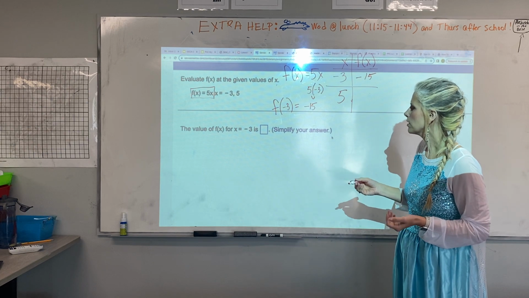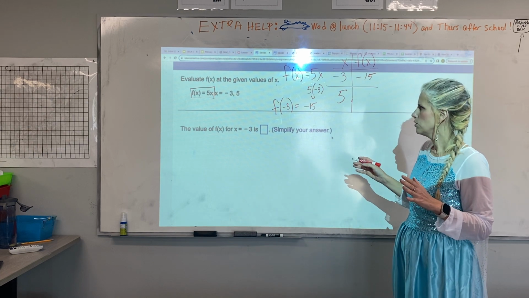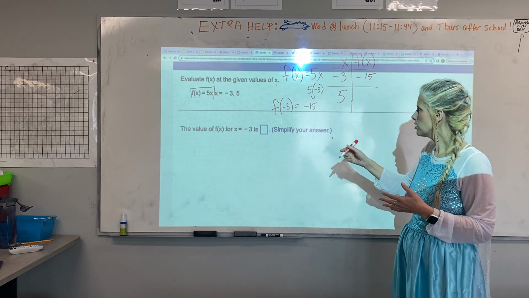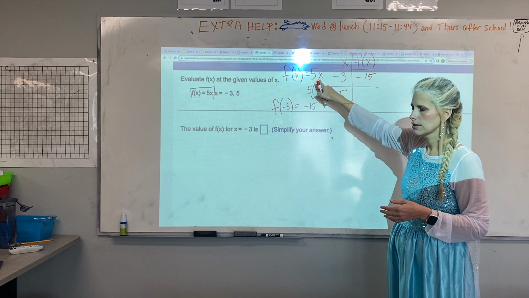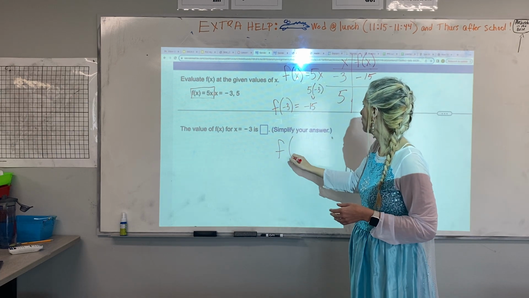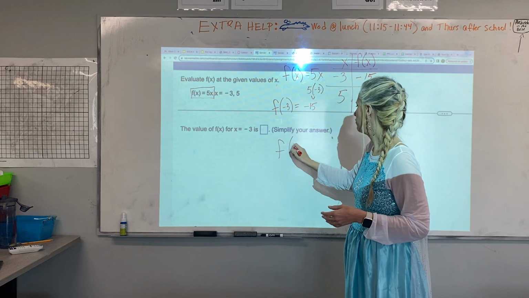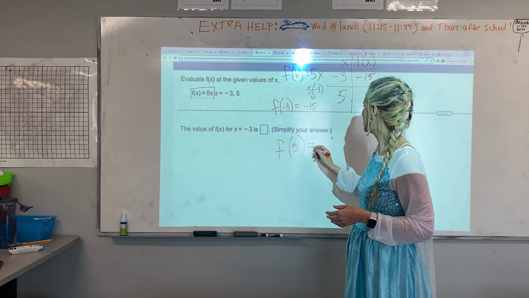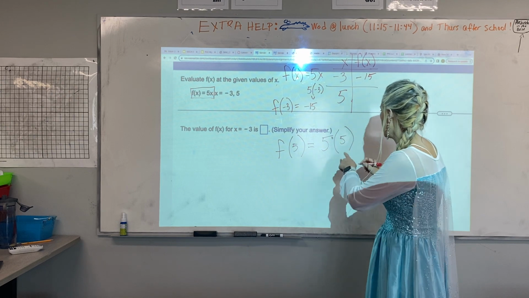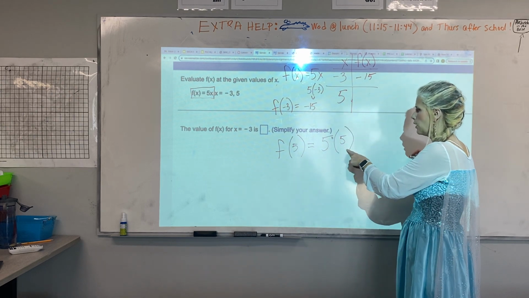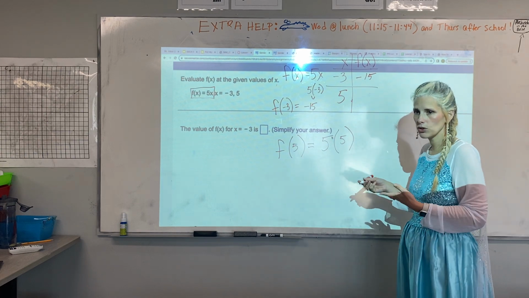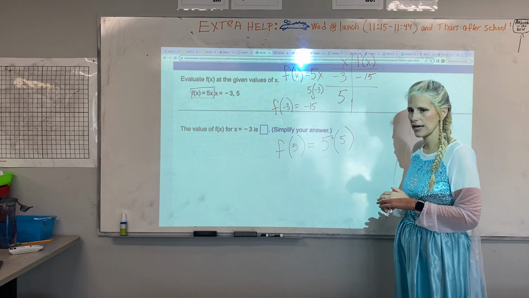Then we'll start it over, completely new input, but totally same function. This function takes whatever you put in, multiplies it times 5. So when we are trying to find the function of 5, that means we take our input, our x value, which is 5, we throw it into the machine, and the machine is going to do the same thing that it did when we put in a -3.